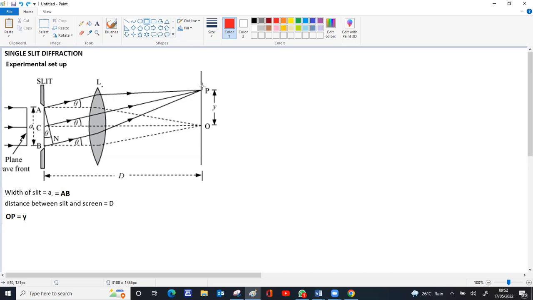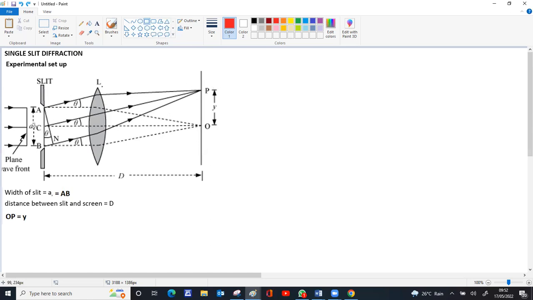So any point P on the screen appears dark or bright with respect to the path difference of the light from the entire slit A, C, B, every point between AC and CB, the complete AB, the light rays reaching at P.